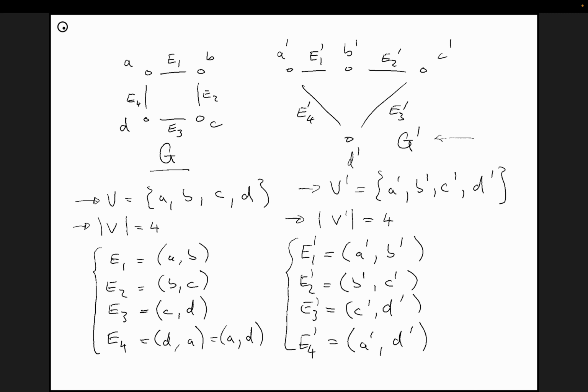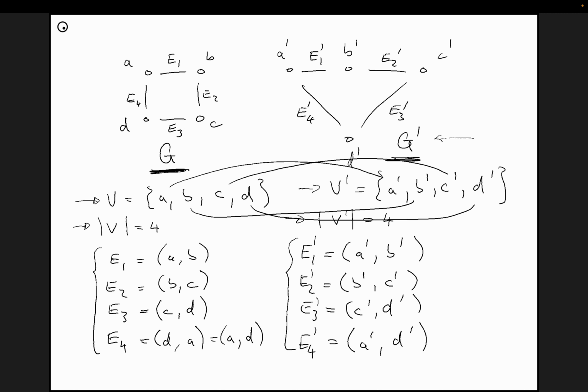So this leads to the following definition: two graphs G and G prime shall be called isomorphic when there is a one-to-one correspondence between their vertex sets V and V prime, such that the corresponding vertices are joined by edges in one of them only if they are also joined in the other.